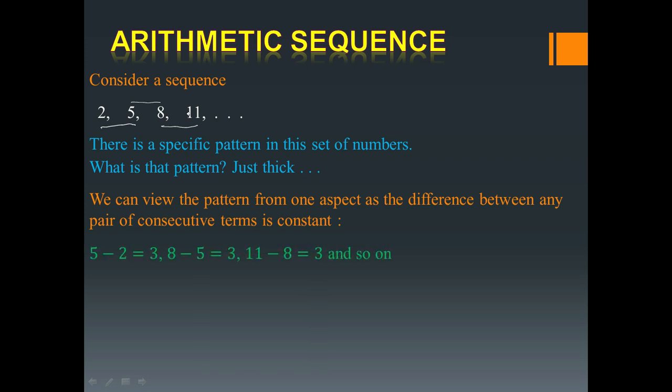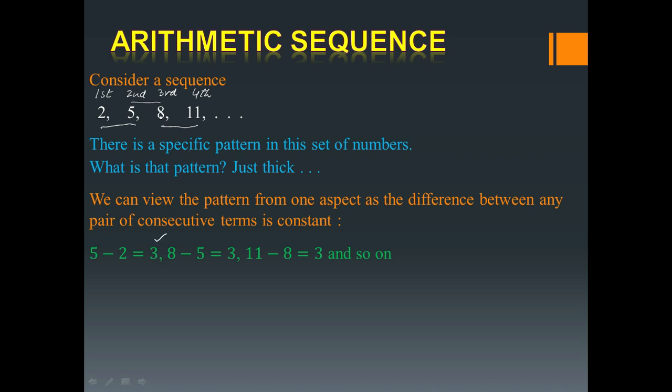In the first pair, this is the first term, this one is the second term, this one is the third term, and this one is the fourth term. So in the first pair, we are subtracting the first term from the second term and we are getting 3.